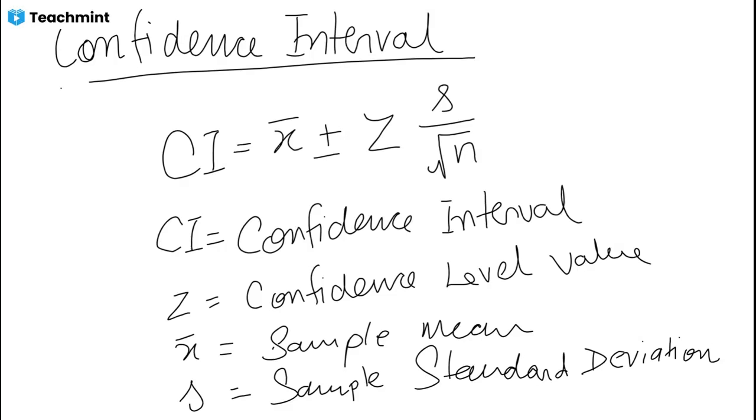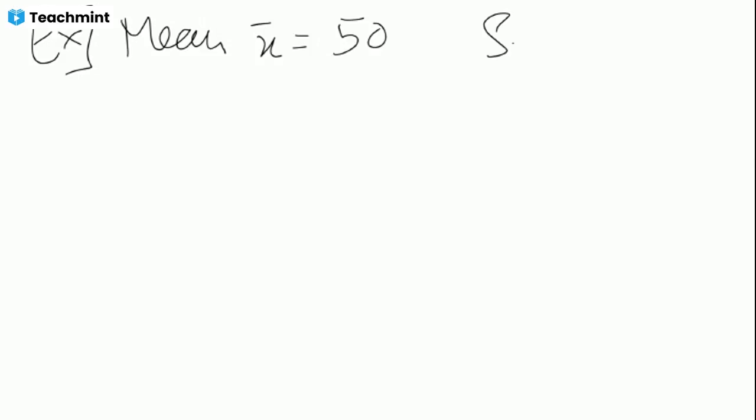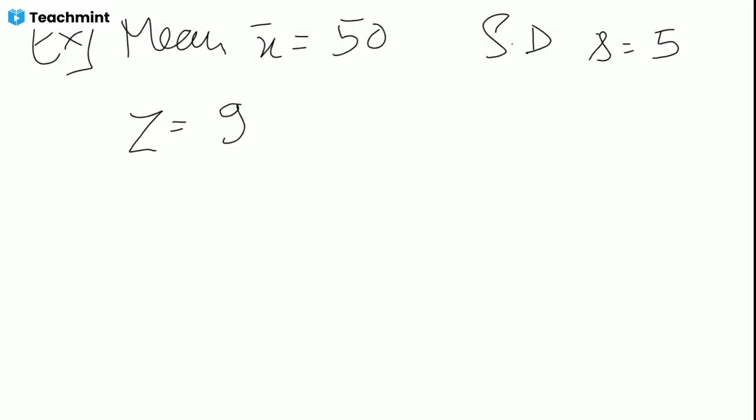Okay, so we have mean x bar is 50, standard deviation s is equal to 5, and z is 90%, 95% level of confidence, and we'll write its decimal value to solve.